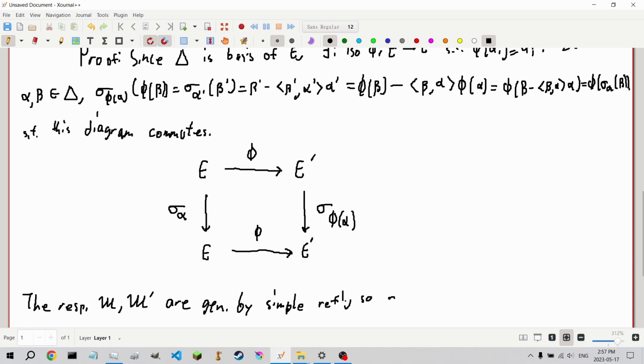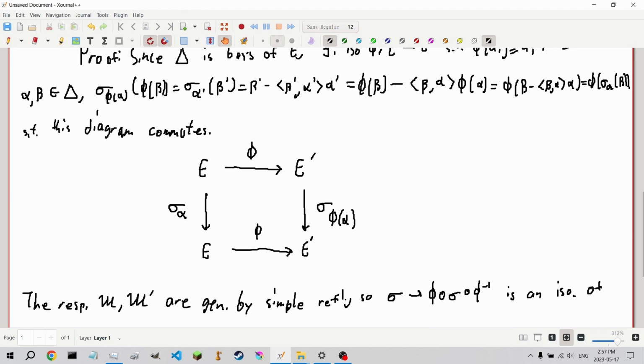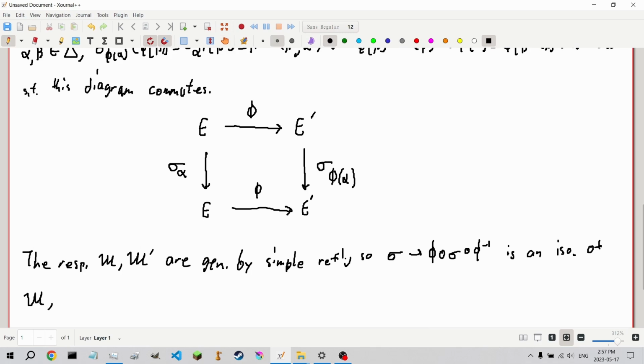So the map of sigma to phi of sigma of phi inverse is an isomorphism of the Weyl group onto the prime Weyl group, sending each sigma alpha to sigma of phi of alpha for all alpha in our basis delta.